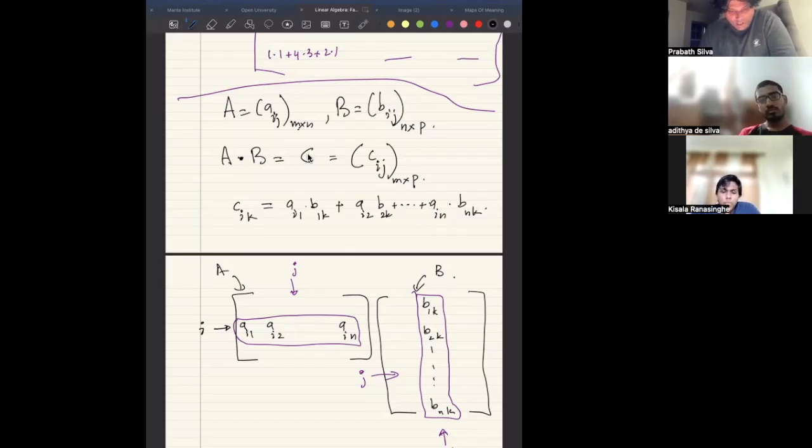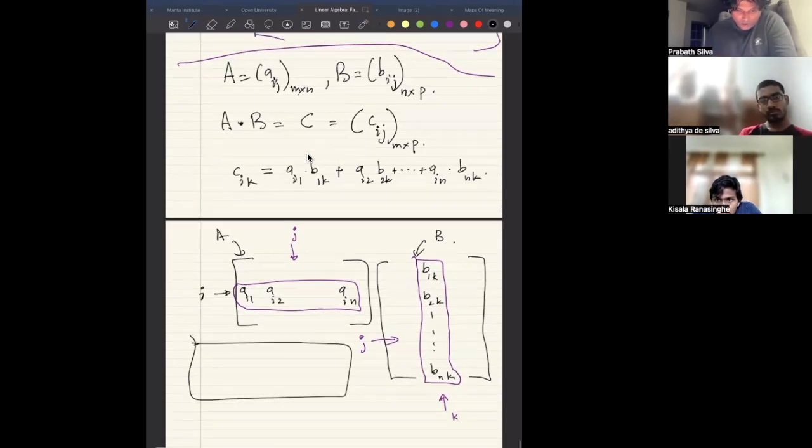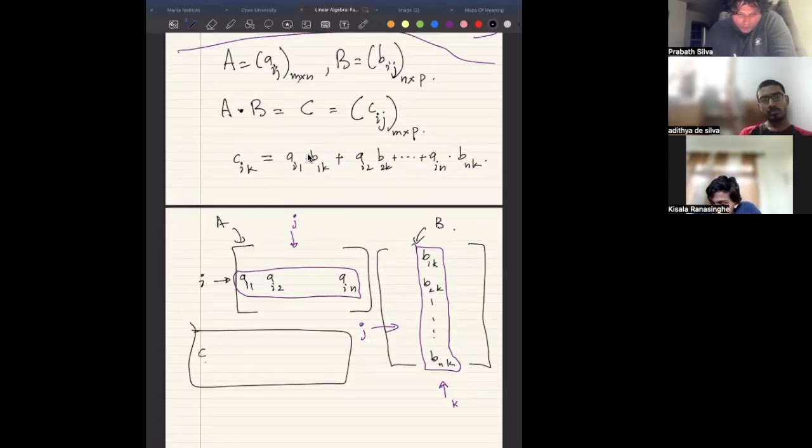Good. Now let me write the summation. So C_ik is the sum, j equals 1 up to n, of A_ij B_jk.